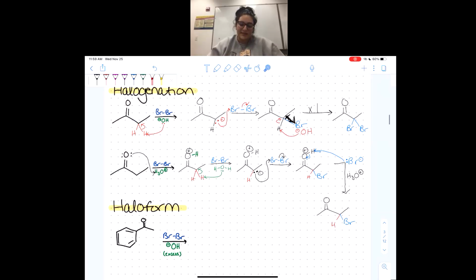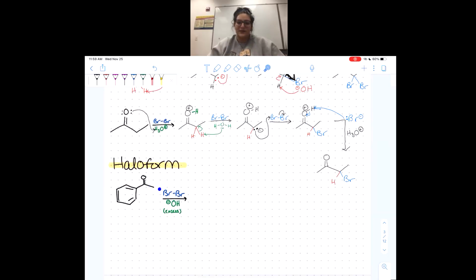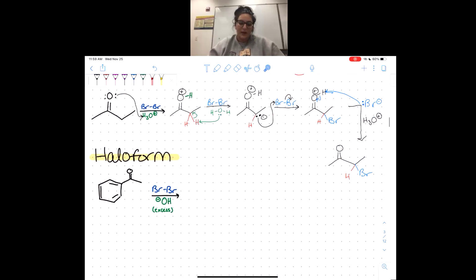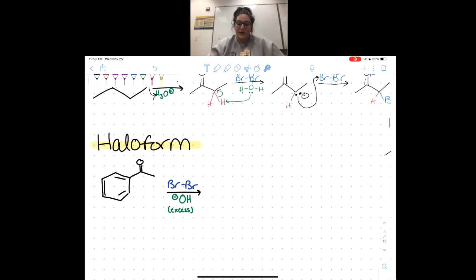So in this case, we have only 1 alpha carbon, so that's our only choice. And there are 3 hydrogens. So we know that with a base, the first step is going to be steal that hydrogen, give those electrons.